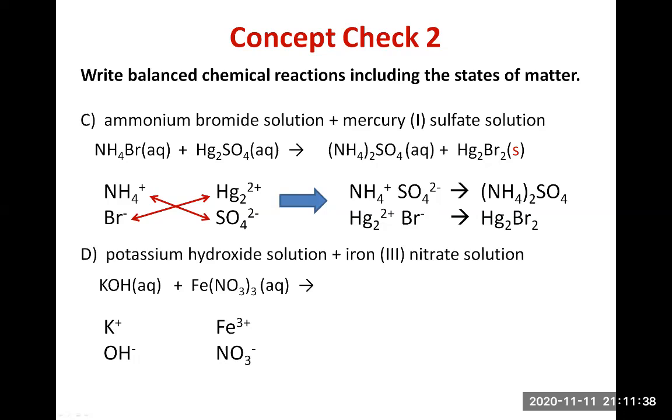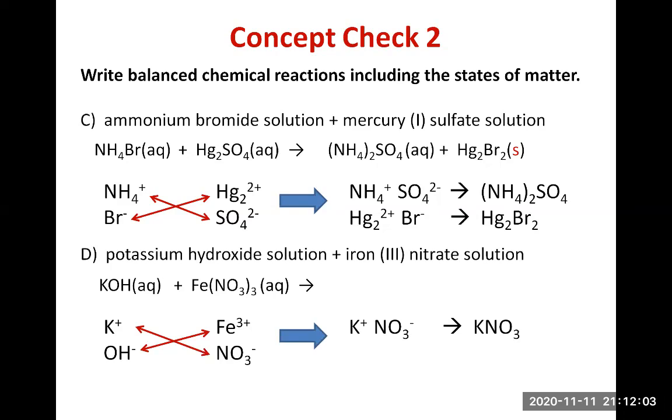So now we will exchange partners for the ions. K plus will mingle with the nitrate, and then Fe3 plus will mingle with the hydroxide. So let's find out the product formulas. So we have K plus and NO3 minus. That's going to be KNO3.